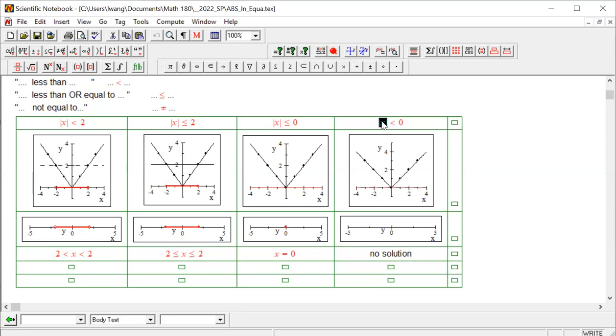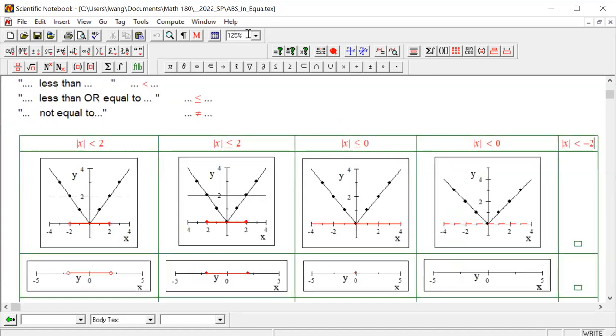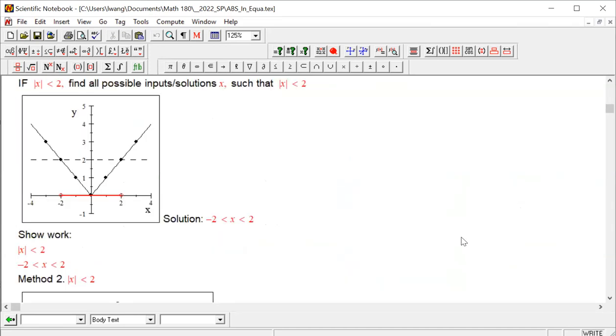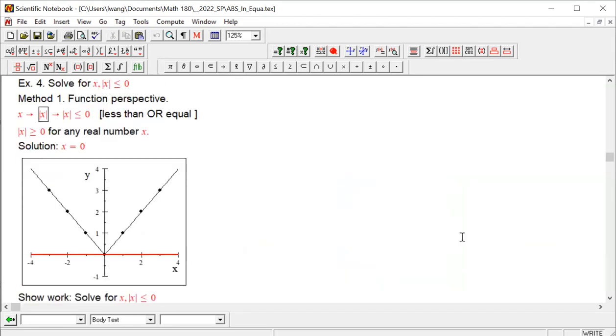If the absolute value is less than, say, -2, let me make the fonts just a little bit larger. For less than -2, we drew that line, and the output will never be beneath -2.